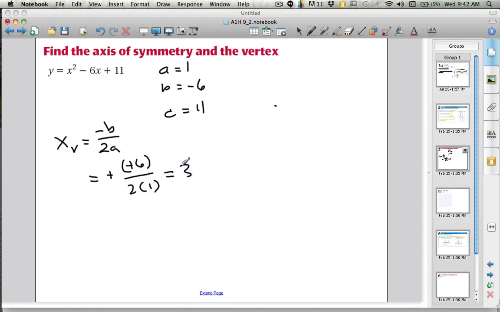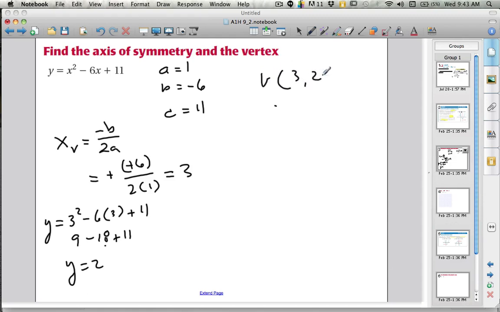Once I know what the x-coordinate of the vertex is, I'm going to plug that in. y is equal to 3 squared minus 6 times 3 plus 11. So this is going to be 9 minus 18 plus 11. 9 minus 18 is -9. -9 plus 11 is 2. y is equal to 2. So my vertex is at 3, 2.